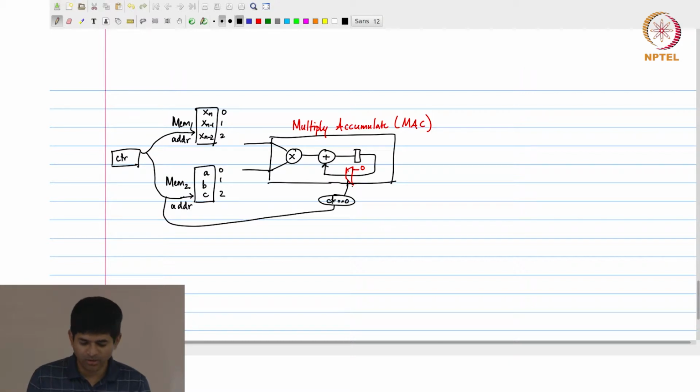And in fact, I can say that the sequence of steps to be followed is something like this.